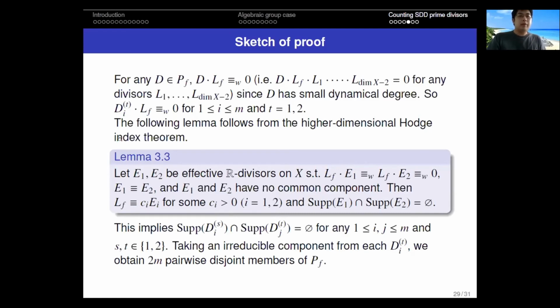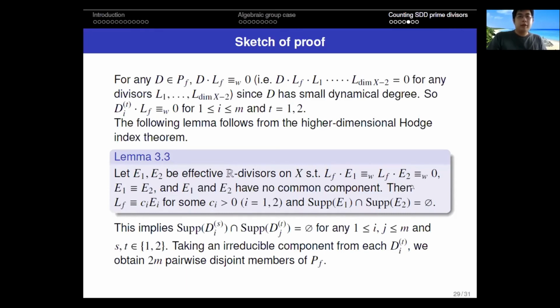Here we use a lemma. The following lemma follows from the higher dimensional Hodge index theorem. Let E1 and E2 be effective R divisors on X, such that the intersections with LF are all numerically trivial, and they are numerically equivalent, and they have no common irreducible component.